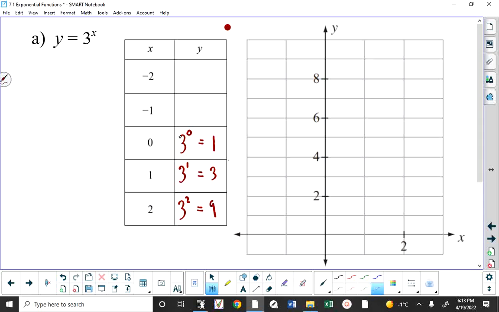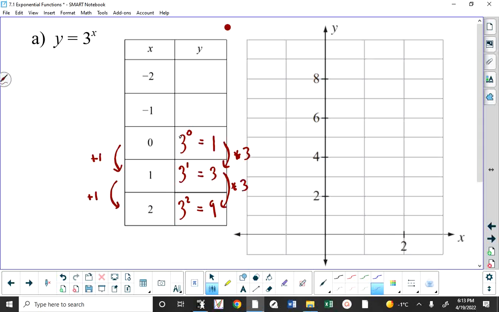I want to point something out to you, and this is very important. This mathematical relationship throughout this unit is crucial in terms of you understanding it. When x increases by 1 each time, y multiplies by 3.